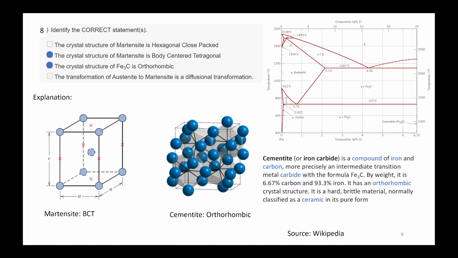By weight it is 6.67% carbon and 93.3% iron, and it has an orthorhombic crystal structure. It is a hard, brittle material, normally classified as a ceramic in its pure form.